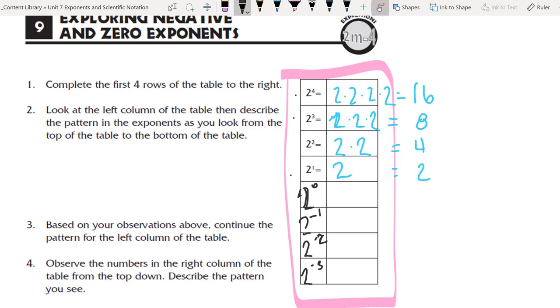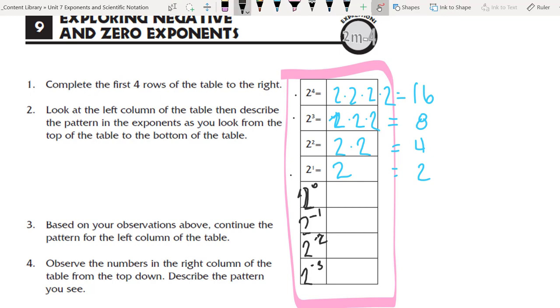So what on earth would that look like if we continue that pattern? We talked a little bit in that last lesson about how 10 to the 0 power would be 1.